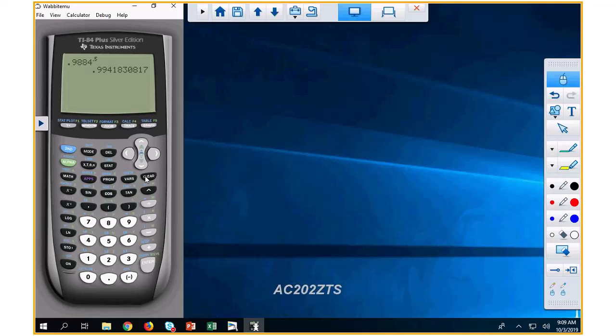All right, here we go. So, what's the bottom? 3 factorial, so I'm going to go 3, math, factorial, probability. I'm doing this for y'all. It is equal to 6. And 2 factorial, so 12 on the bottom.